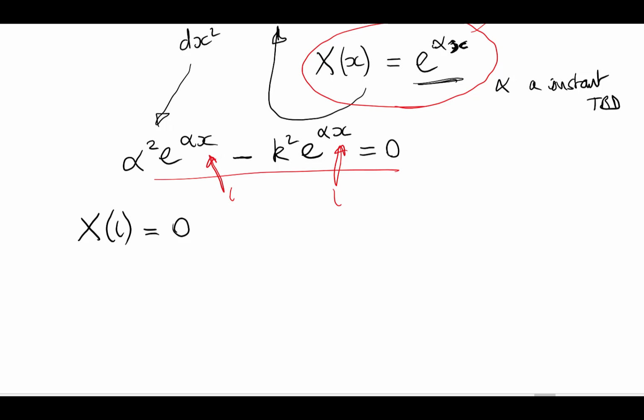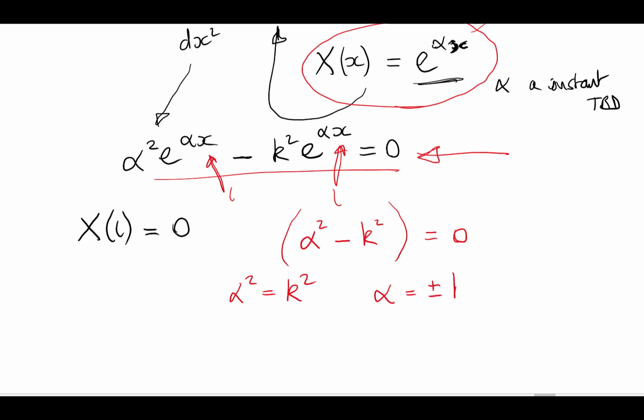So the only way for this expression to be 0 is for alpha squared minus k squared to be equal to 0. We can factorize this expression, and we would recognize that alpha squared minus k squared would have to be 0. So that would mean that alpha squared would be equal to k squared, and indeed alpha would be equal to plus or minus k.